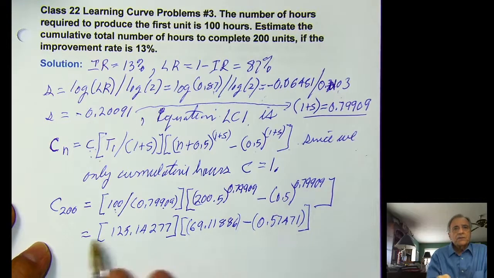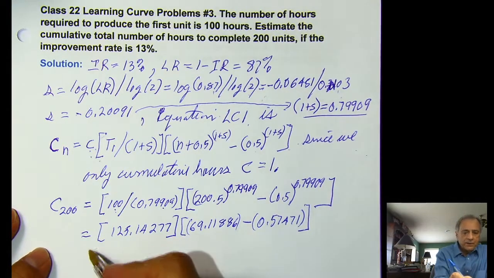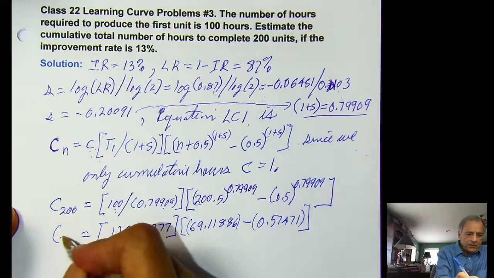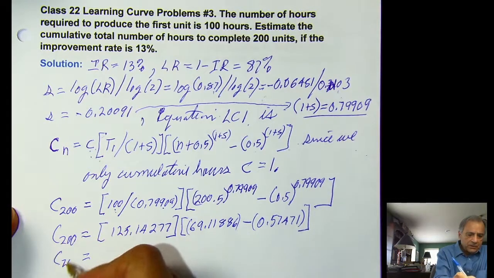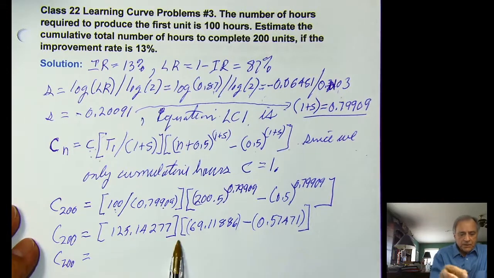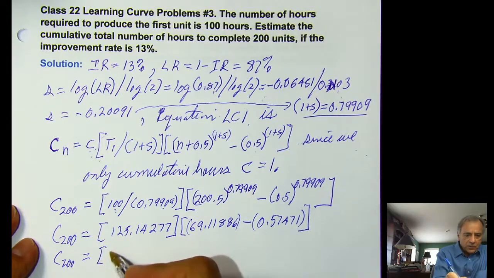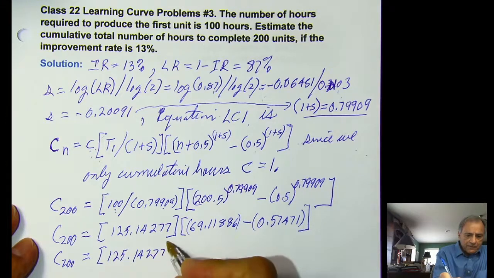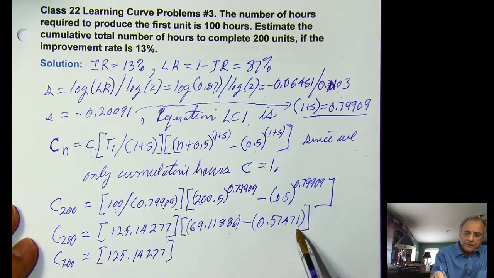If you do the subtraction and do the multiplication, you will end up with that C2000, this number comes down, 125.14277, and then this minus this.